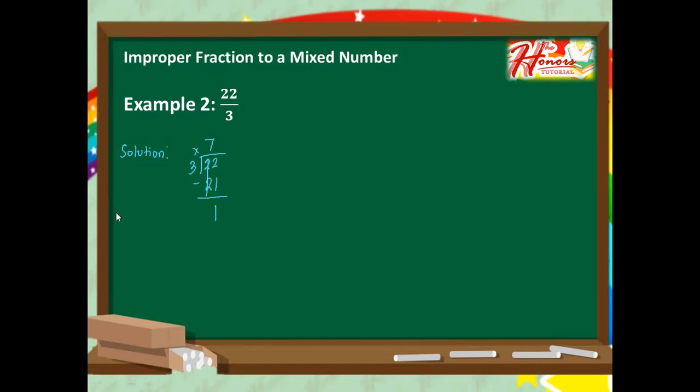So again, 7 here, which is your quotient, will be your whole number. Your divisor here, which is 3, will be your denominator. And your remainder here will be your numerator.